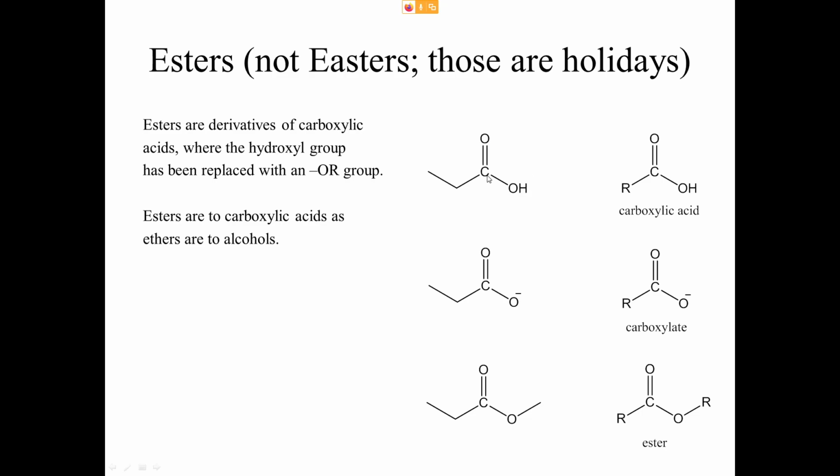But when you have an ester, there's no H here anymore. It's some other carbon chain, at least 1 carbon. So we abbreviate it sometimes COOR. That doesn't mean the 2 O's are connected to each other. It means there's a double bonded O and then an OR on this carbon. And that's what an ester is. And it's made from the synthesis of a carboxylic acid plus another alcohol, which we'll talk about in a minute.